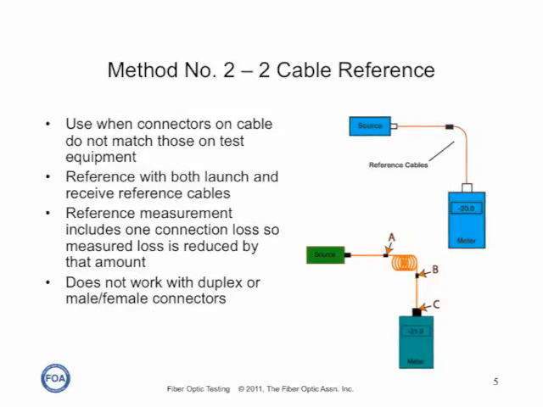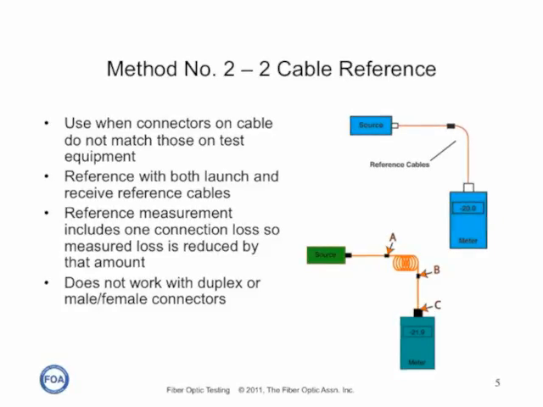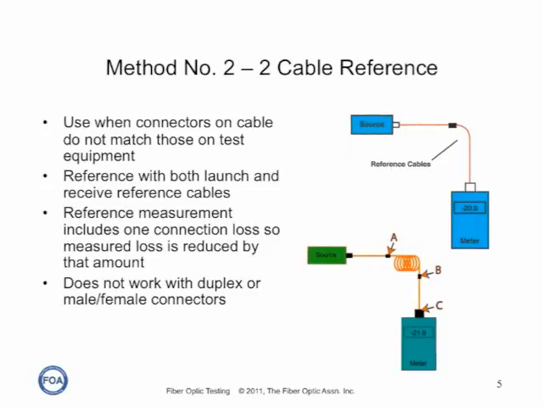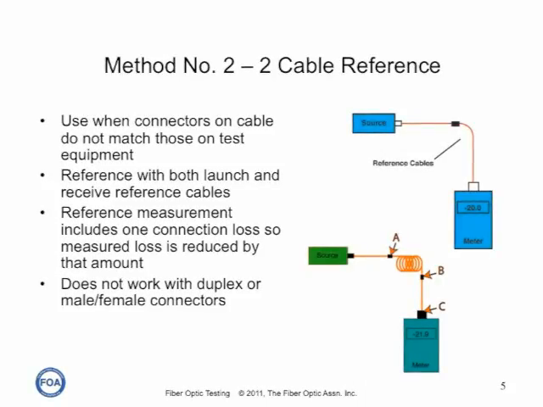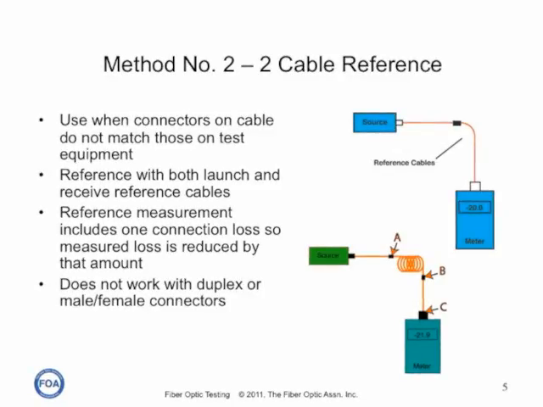If the connectors on our cable plant are different than the connectors on our instruments, for example, we're measuring LC cables with ST or SC meters and sources, we can use what's called a 2-cable reference. Here we use hybrid reference cables that mate to our instruments on one end and mate to the cable plant on the other.